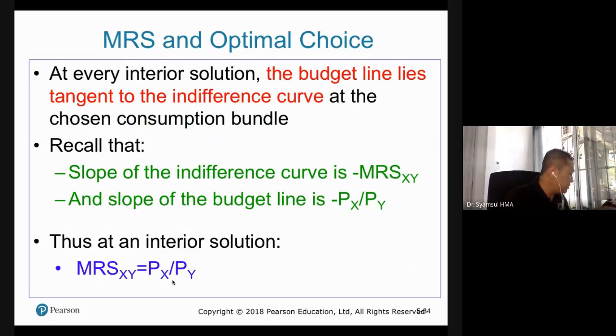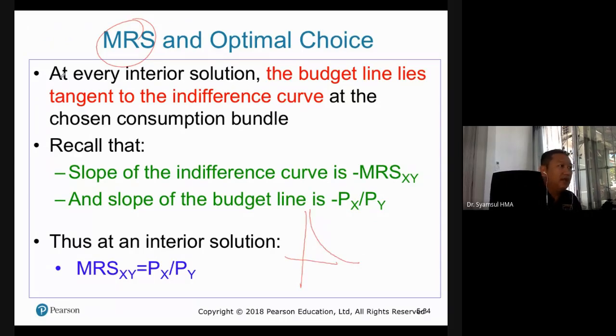Remember MRS? At every interior solution, the budget line lies tangent to the indifference curve at the chosen consumption bundle.